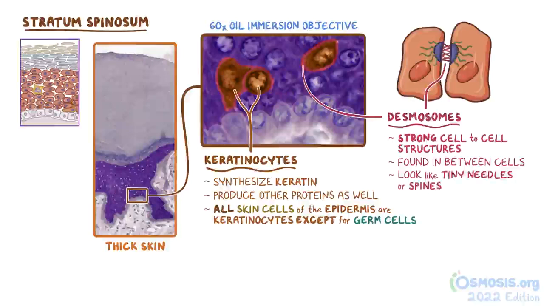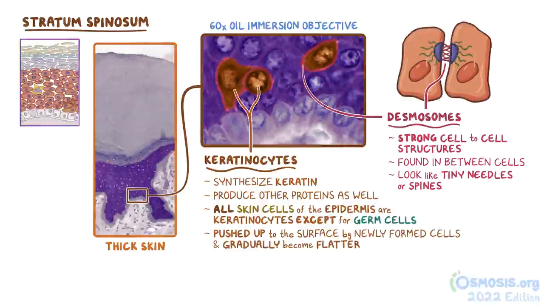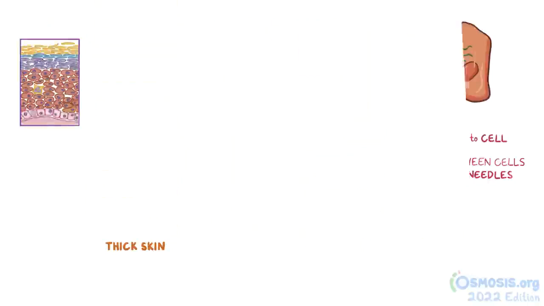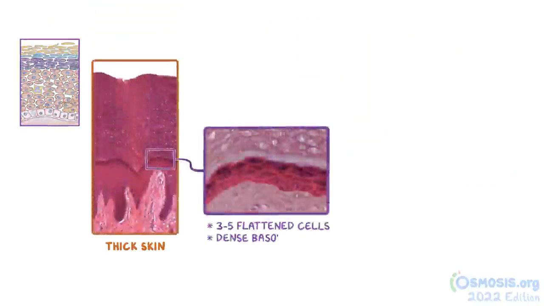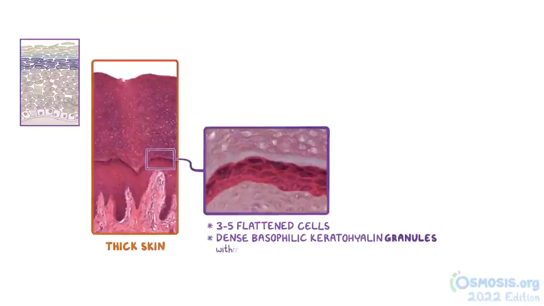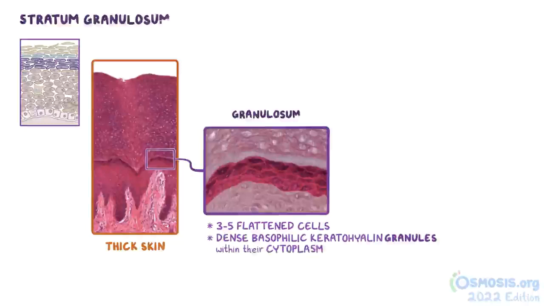As the keratinocytes mature, they're pushed up closer to the surface by newly formed cells below, and gradually become flatter in appearance as well. Above the stratum spinosum is a layer of 3 to 5 flattened cells that contain dense basophilic keratinohyalin granules within their cytoplasm, which is why this layer is called the stratum granulosum.